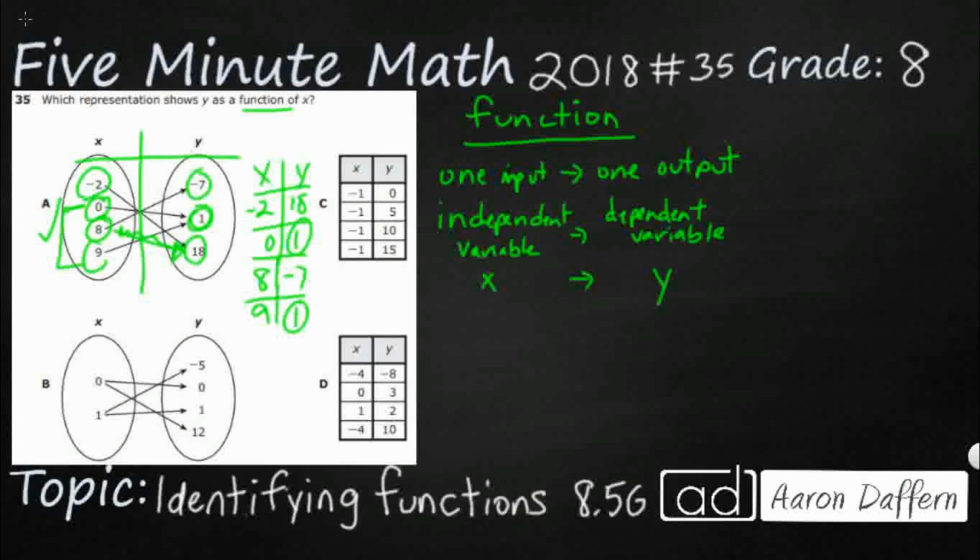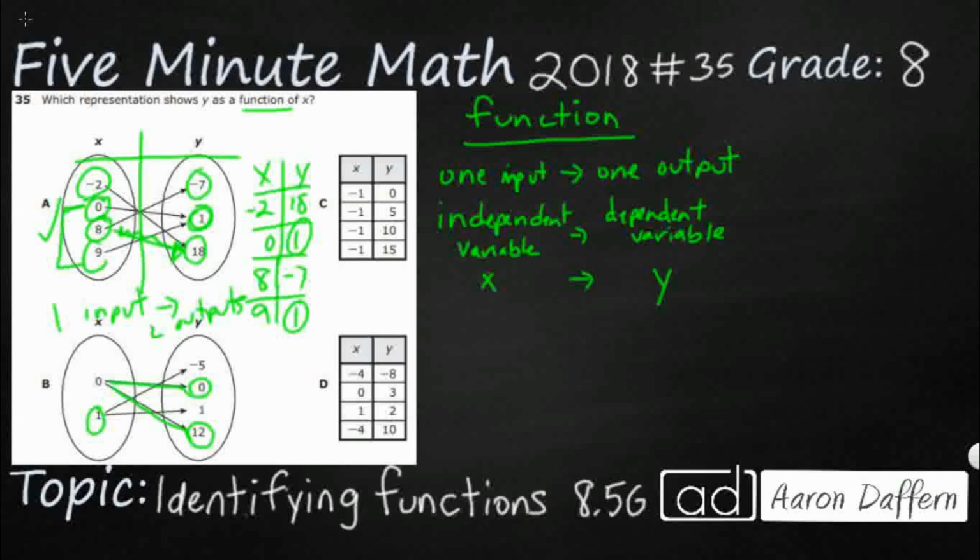Let's check B. Look, I've only got 2 x's, and so my 0 leads to both 0 and 12, and that's what we can't have. We have one input that leads to 2 outputs. It leads to 0 and 12, and so that's not a function.